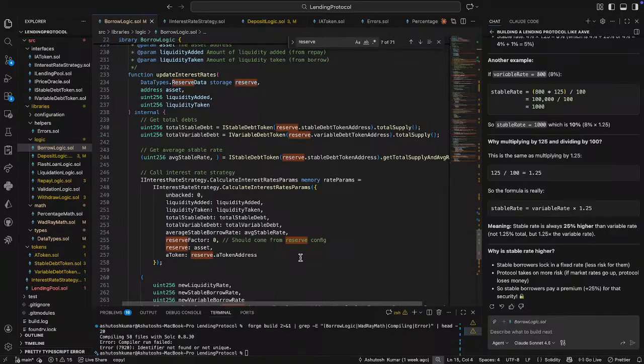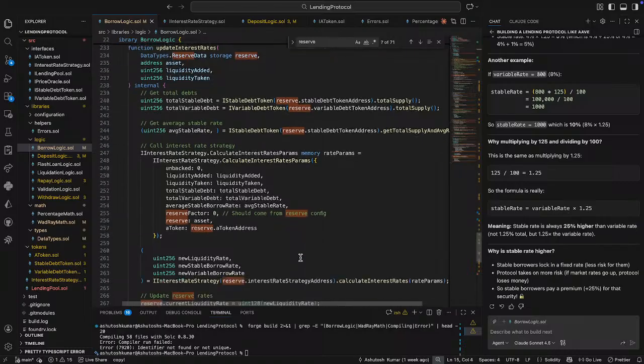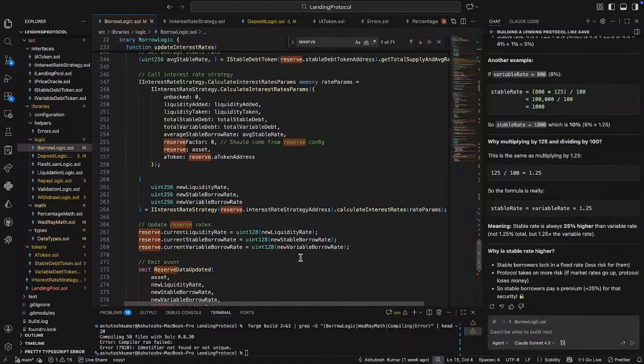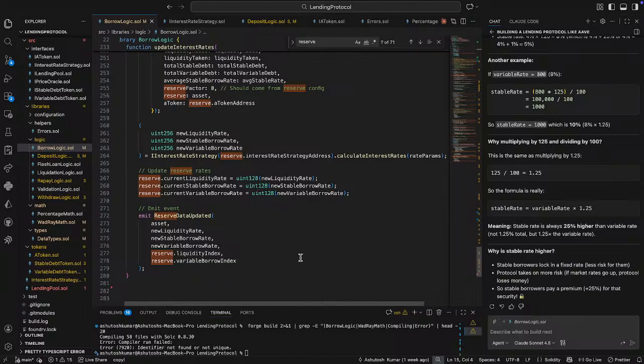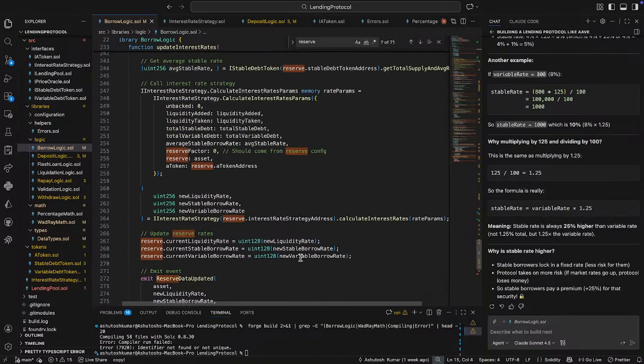Oh, to get the total supply. Interest rate strategy. We are calculating the interest and then we are updating the rate: current stable borrow rate, current variable borrow rate, current liquidity rate, and we're just emitting the event.